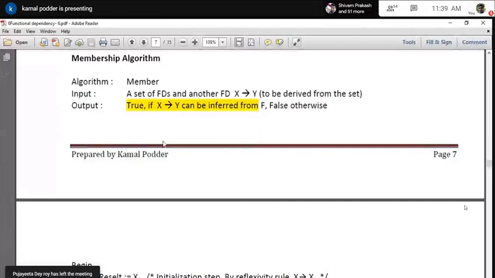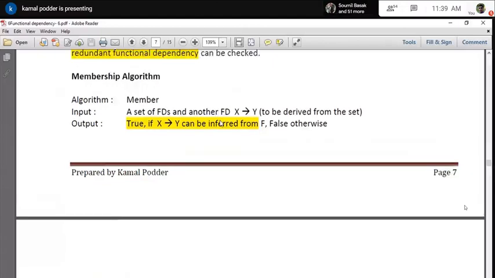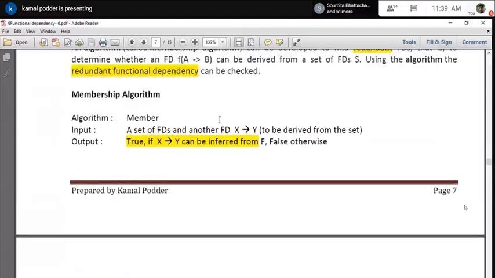If it can be derived from that set of FDs, it will return true, otherwise it will return false. So naturally, if it returns true, then this FD can be derived from the set of FDs which we have supplied. So that is the algorithm.